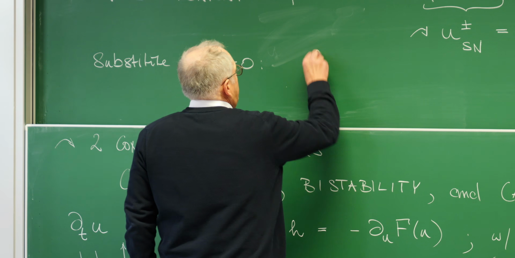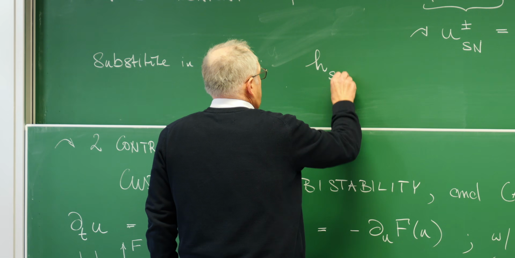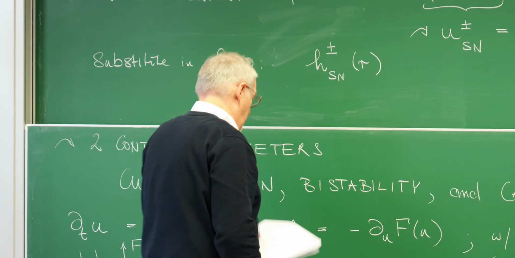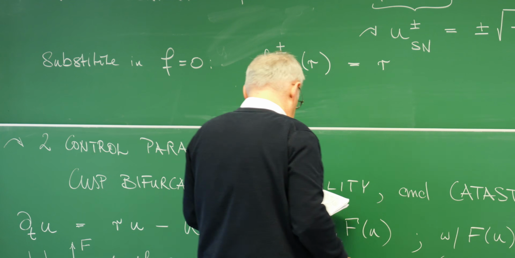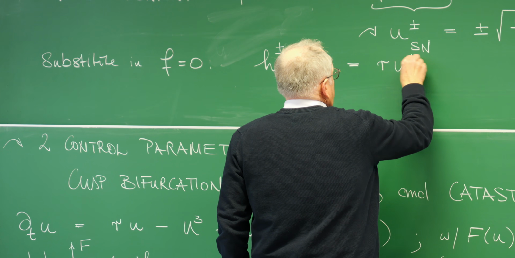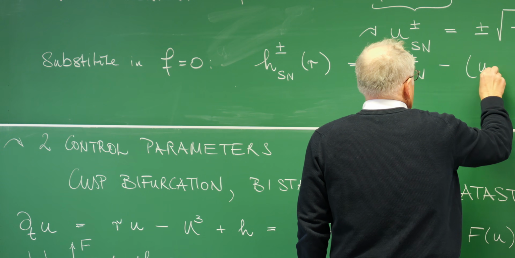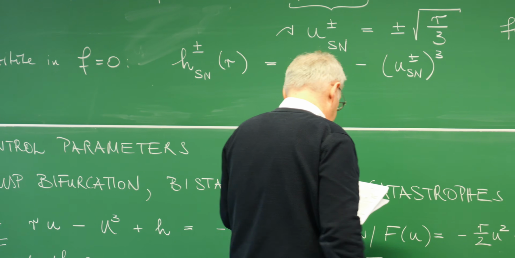So from that, we get h at the saddle node, plus or minus, as a function of our parameter r, equals r times u saddle node plus minus, minus u saddle node plus minus to the third power.